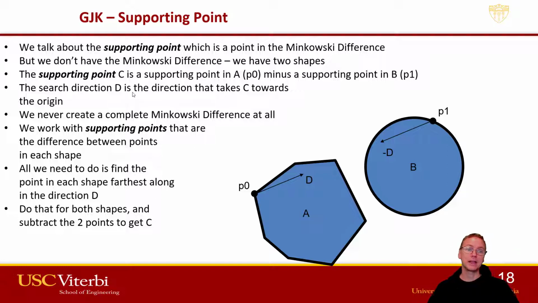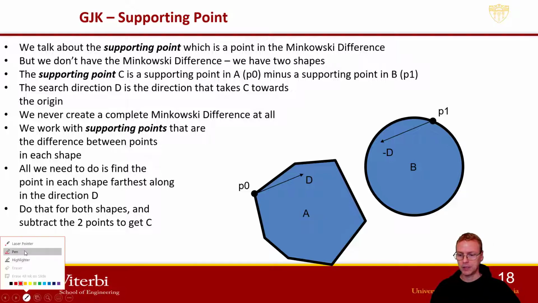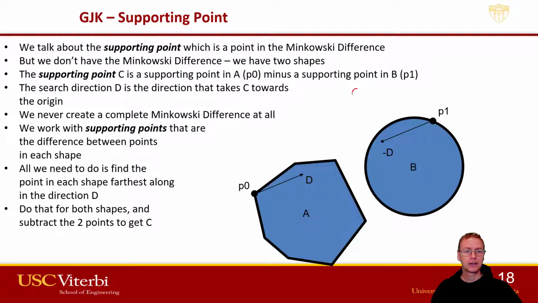Now, mathematically, we're going to try to reduce P0 minus P1. Let me write that down. We're going to try and take C equals P0 minus P1, and drive that towards 0. How do we do that?